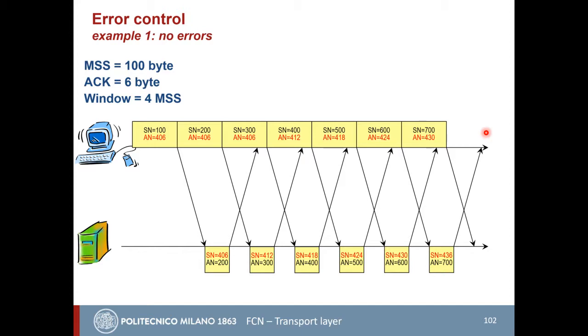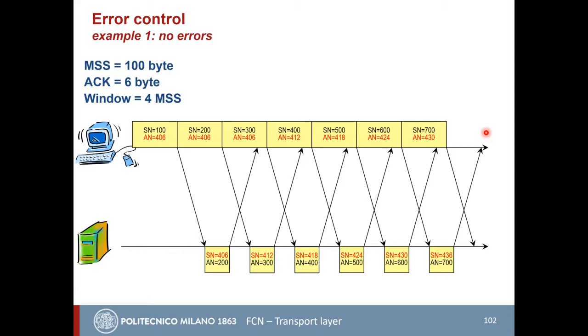The second segment will contain bytes from 200 to 299. The third from 300 to 399. In fact, you see the sequence number in the first segment is 100, and the second is 200, and so on and so forth.